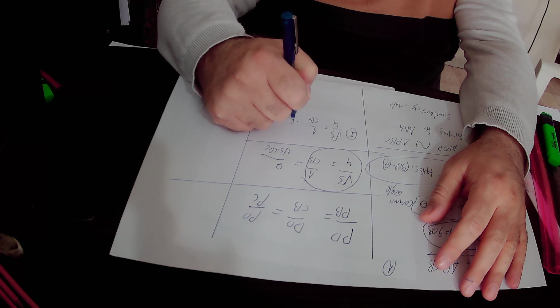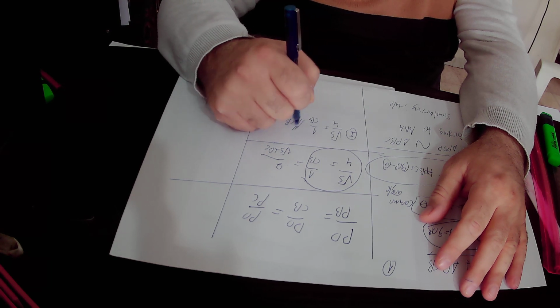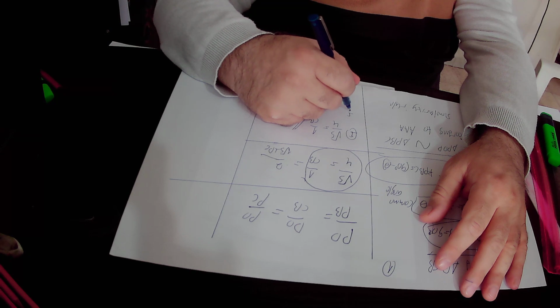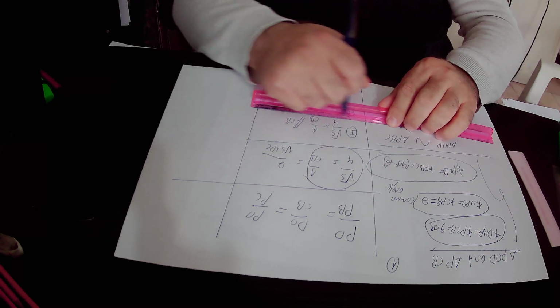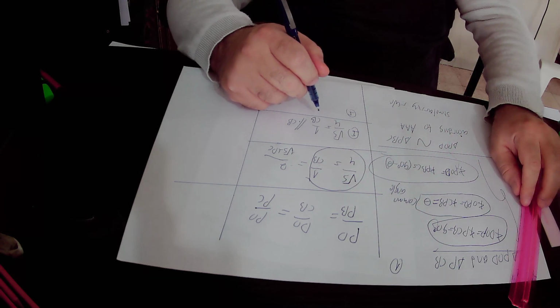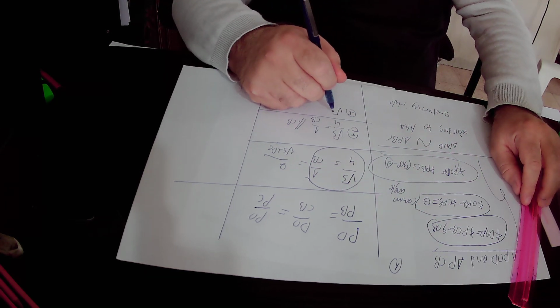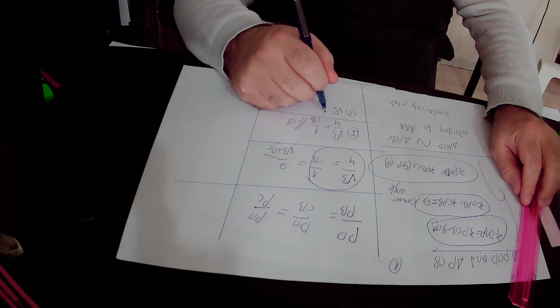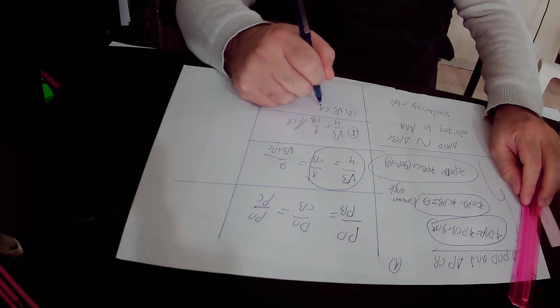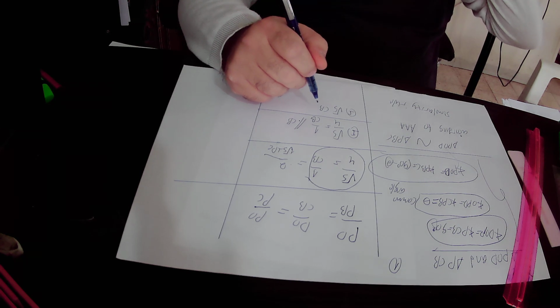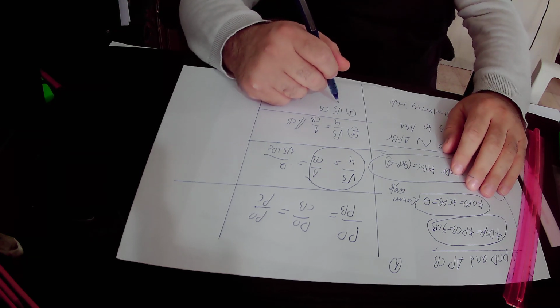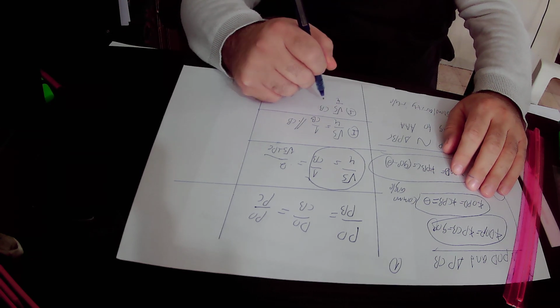Here we will multiply this equation by CB, and we get that square root of 5 times CB over 4 equals 1.